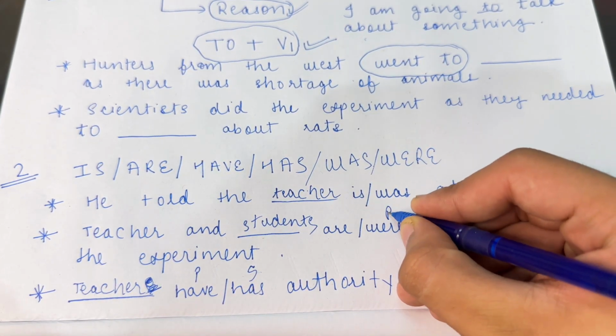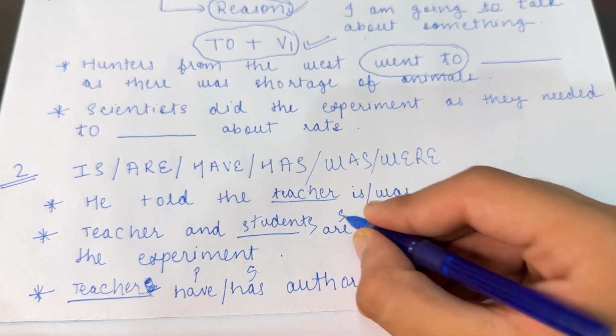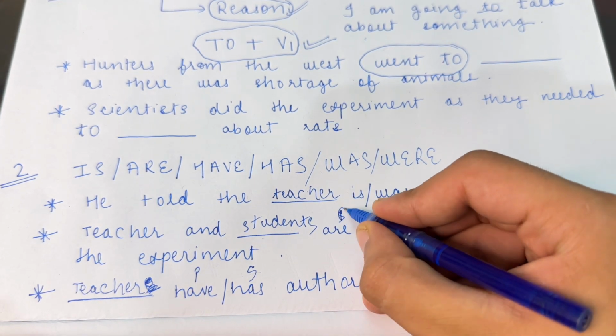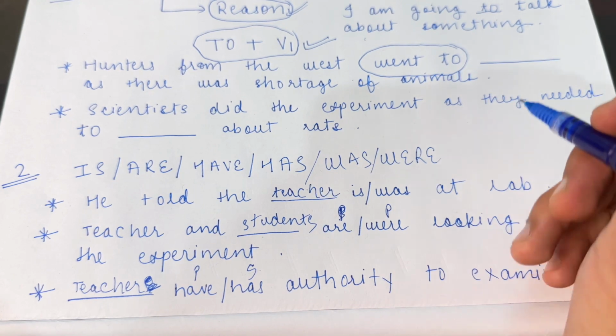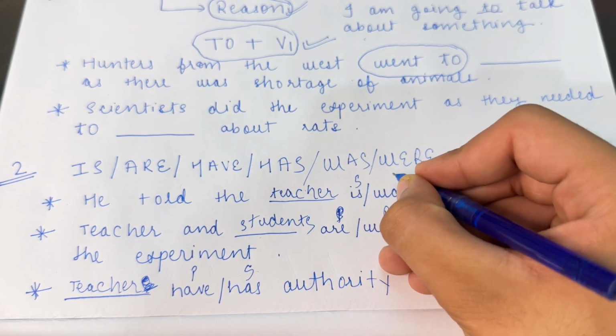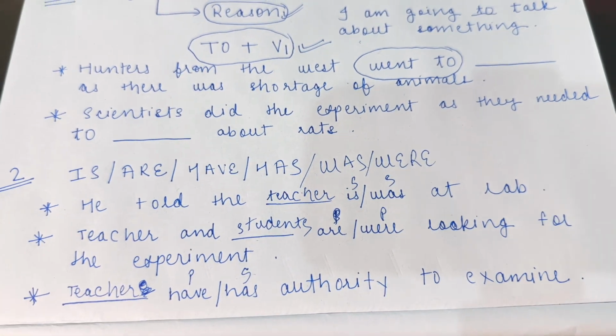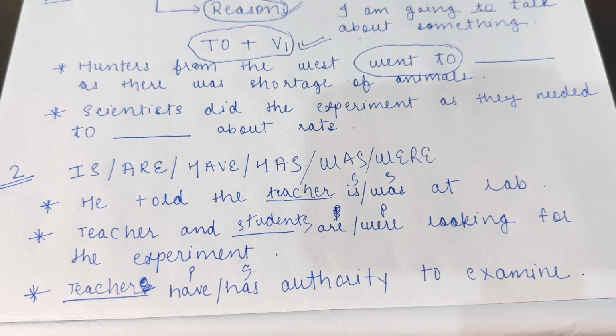Were and are take plural. And with is and was you have to use singular. So this way you can easily learn what kind of words can be filled in. This can really help you. You just have to practice this before applying these tricks in your real exam.